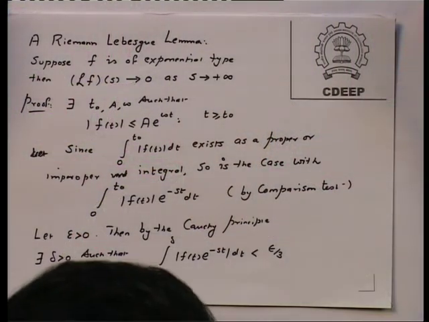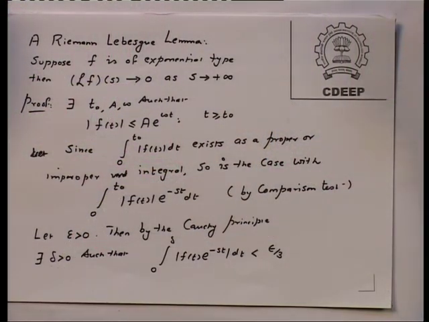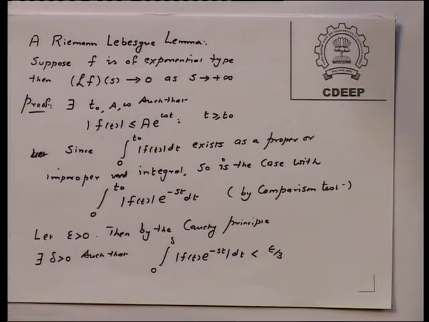We will only prove one theorem, called the Riemann-Lebesgue lemma. The Riemann-Lebesgue lemma says that if f is of exponential type, the Laplace transform of f goes to 0 as s tends to infinity. The proof is very simple.